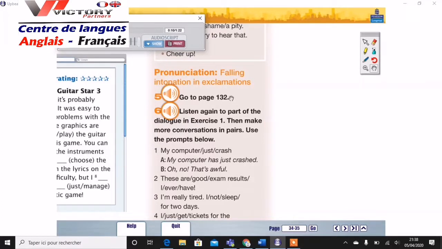A. Listen and repeat. 1, Wow, that's amazing. 2, Oh no, that's too bad. 3, How brilliant. 4, That's a real shame. 5, You poor thing. B. Use the cues and react to the news.